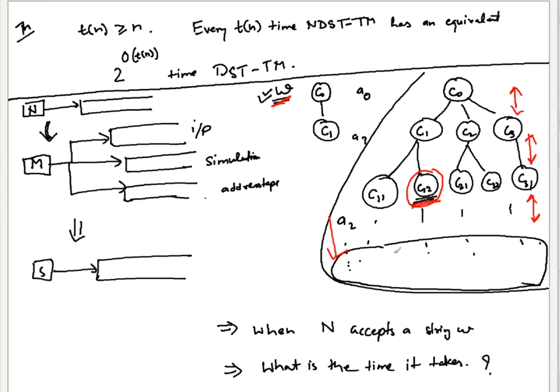So how many transition steps does it require to accept or reject? That is the time taken by that machine. So time taken by a non-deterministic Turing machine is, when that machine halts, how many steps it covered so far.